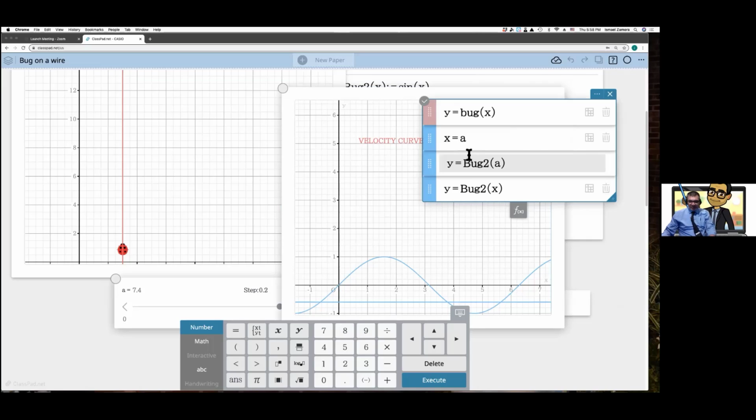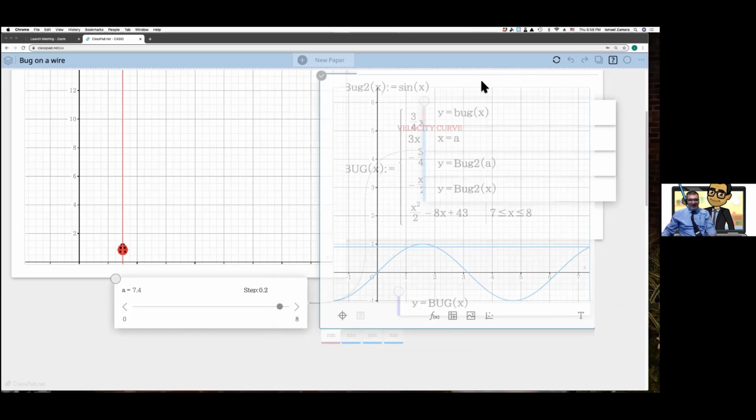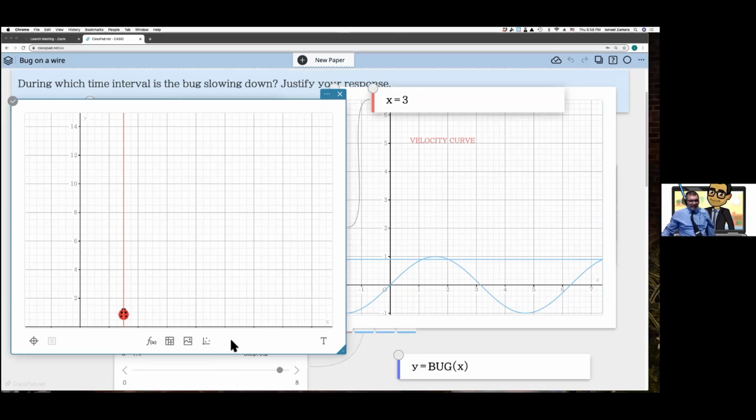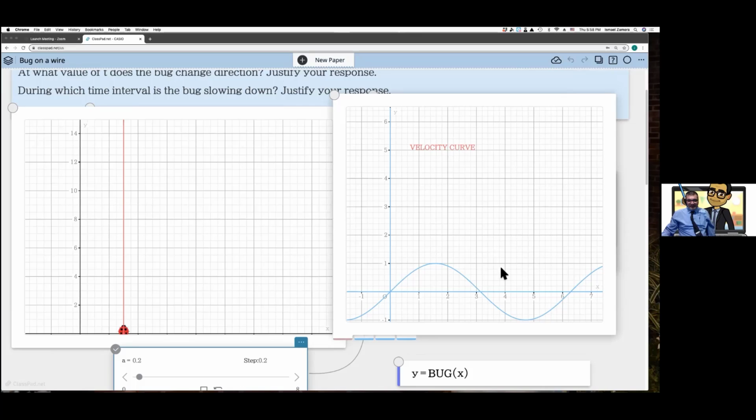I add the crosshairs because they need to be able to see on the velocity curve where this bug is as far as the velocity is, so that when you pause it, it's actually pointing out on both curves. And right now I'm way off of the reservation on that one.